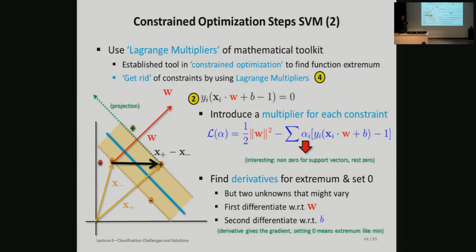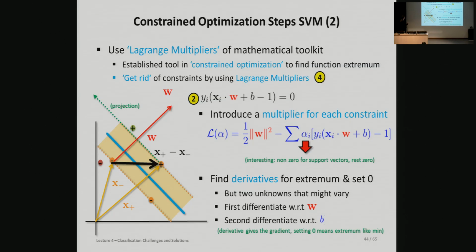One level deeper would be sequential minimal optimization, how that is solved and so on. That would be too much for this course. But this is where you go into the mathematical toolbox of using Lagrange multipliers for these constraints. I have to point to a lecture on this if you want to know more, but you can see that for each of the constraints that we enforced here, we are now using Lagrange multipliers.